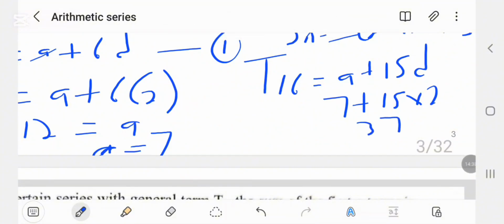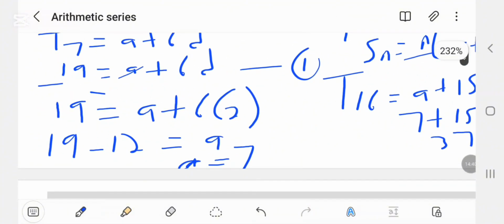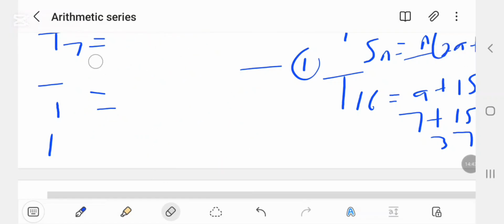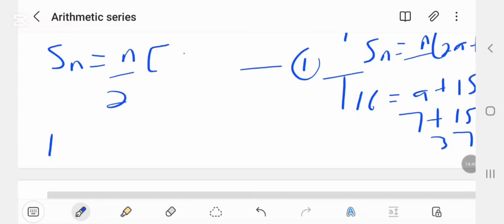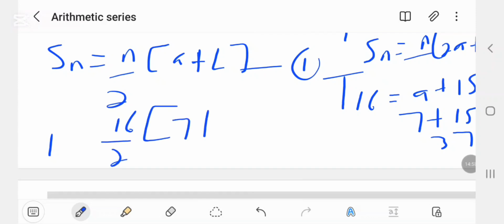So I'll just use, okay, let me erase this thing. Then I'll just use the formula with the last term. N over 2, a plus L. Number of terms, 16 terms, divided by 2. First term is 7, last term is 37.